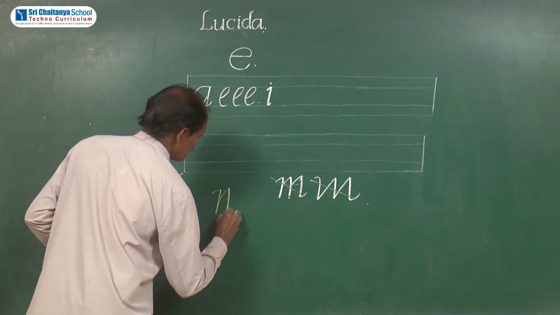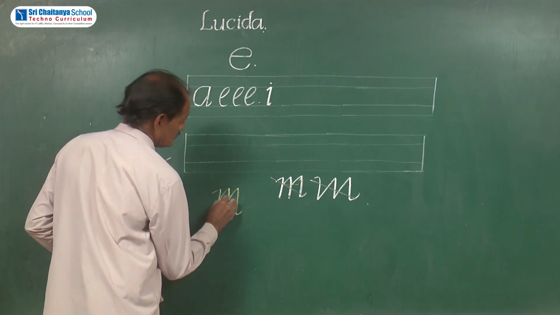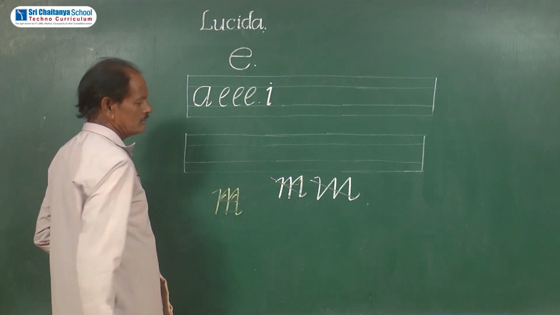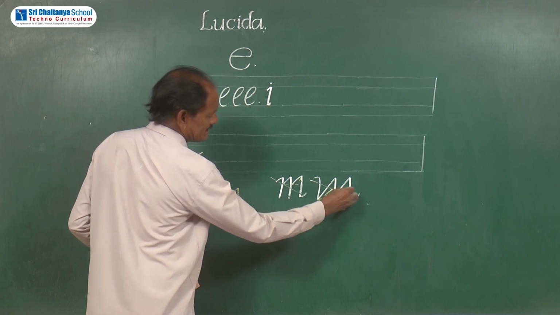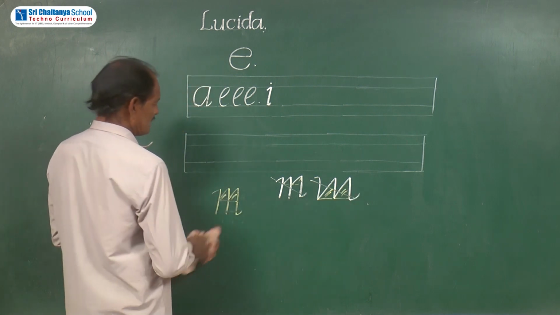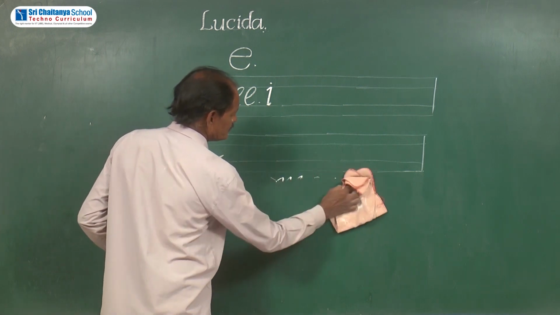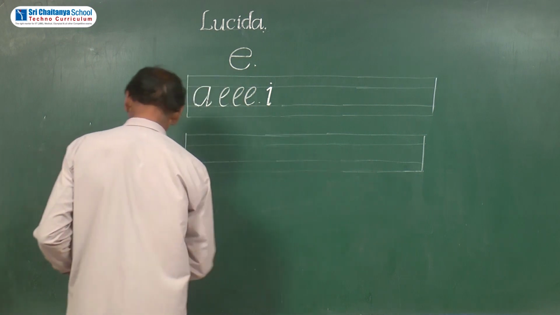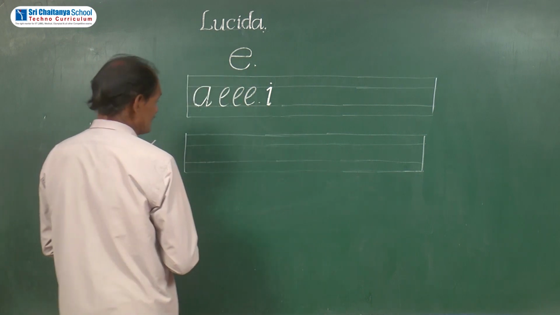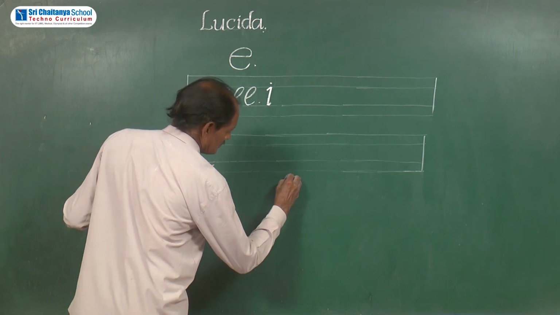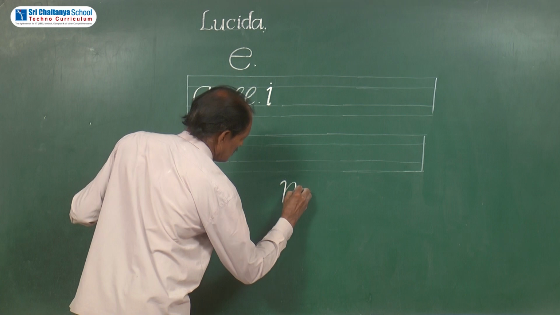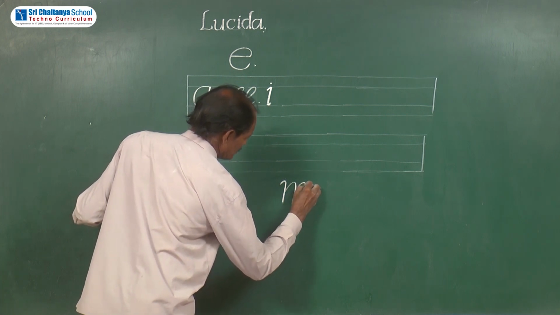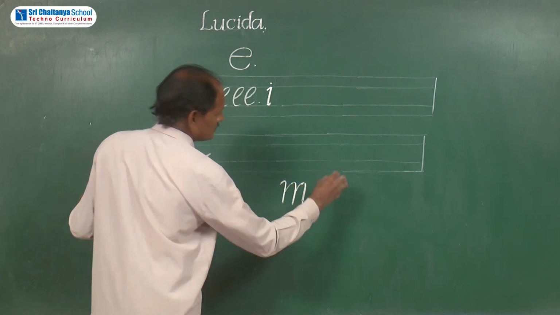An angle should not be made at the top. It is a small hemisphere between these two lines. We have to write in this way. A small hemisphere should be made at the top.